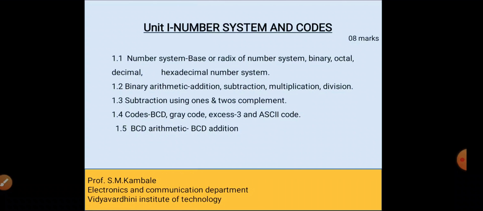So don't get confused by it. Now this particular chapter contains 8 marks. This is all about the first unit, that is number system and codes.